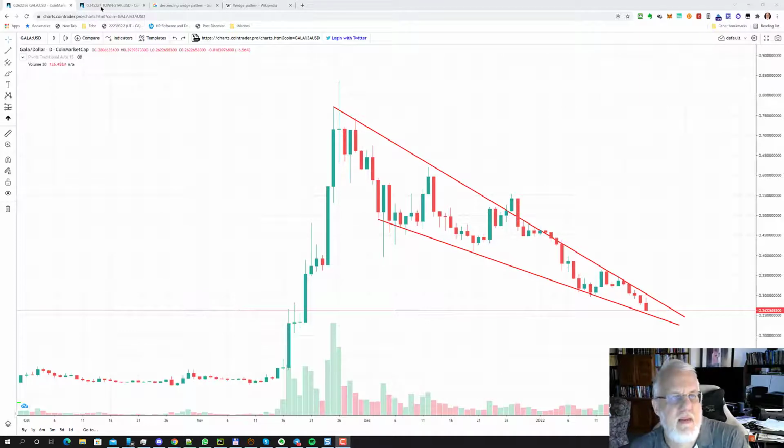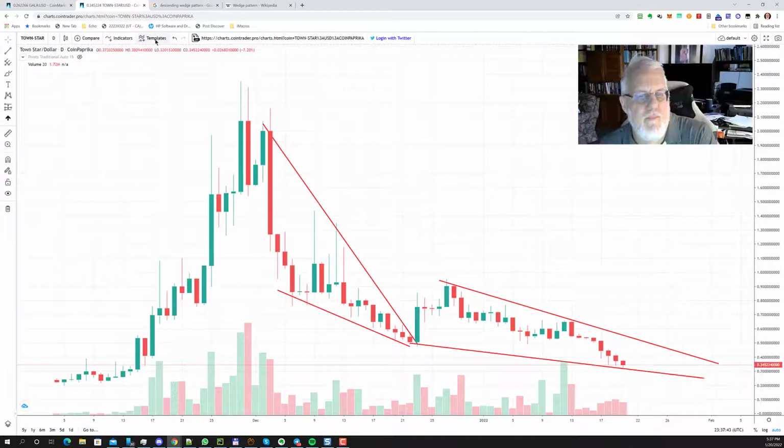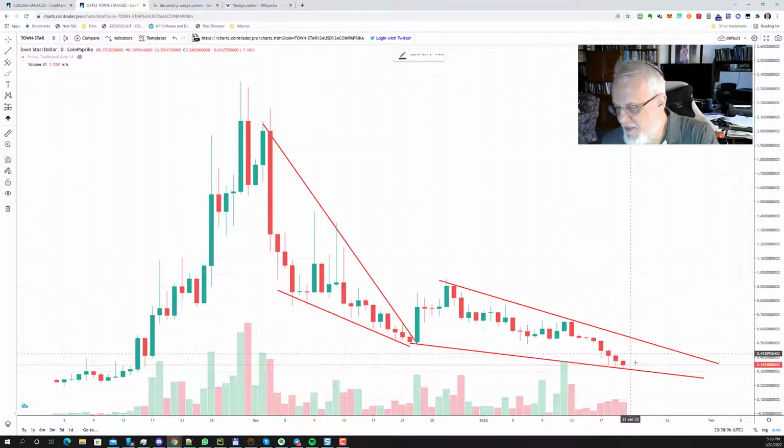And then Townstar, let's take a look at that. Here you see two falling wedges, really. The first one was from here to here, and at the end of the first falling wedge, it went up, but not a whole lot. Then it started another descending wedge, and now we're ready. This one, though, may not play out for another 2 or 3 weeks.